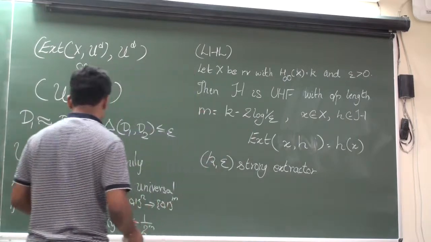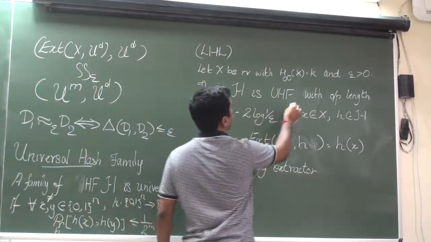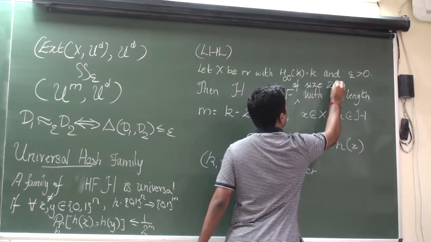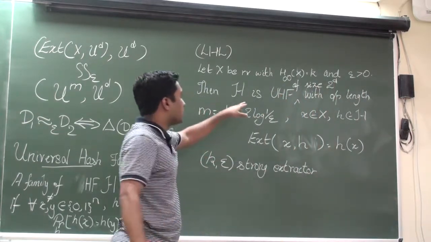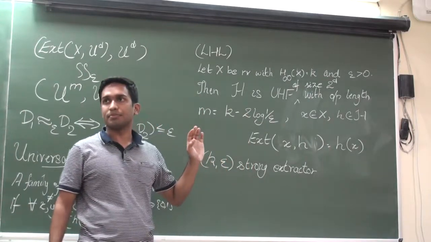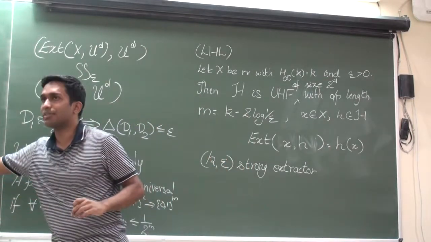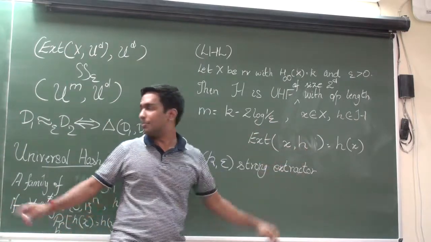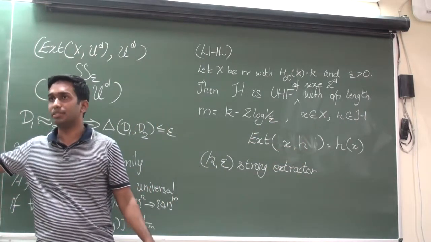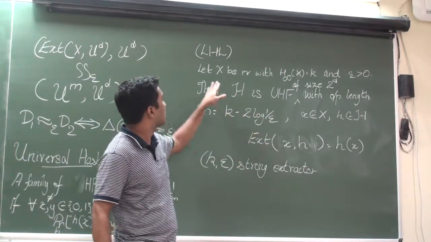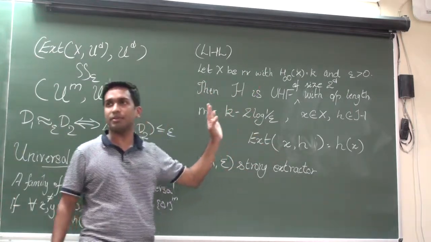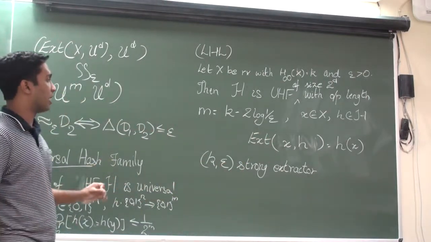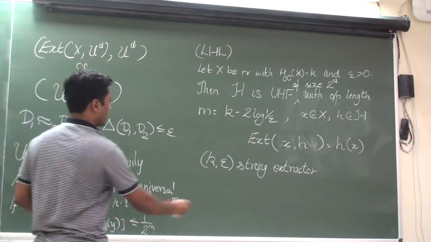I should mention one more thing: H is of size 2 raised to d, so it contains 2 raised to d hash functions. That's why there's a d over here. You pick any one of them, and that will be your truly random pick. X is coming from this distribution, and this will be a strong extractor, k, epsilon by 2.